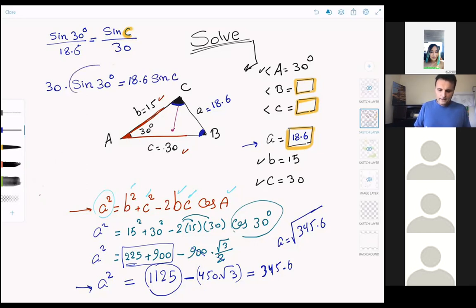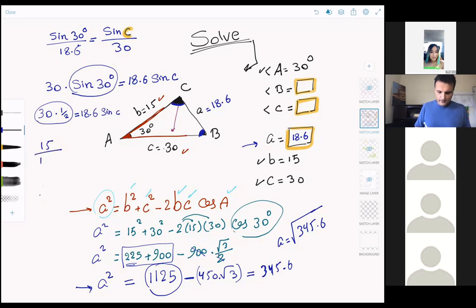So sine of 30 degrees, again, this is the exact value. I can just plug in half. So it will be 30 multiplied by half equal to 18.6 sine of C. Then 30 multiplied by 1/2 is 15.